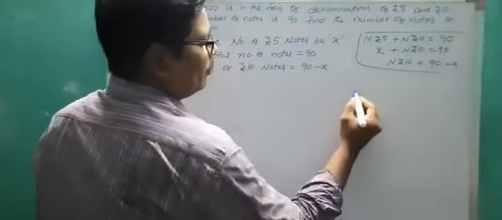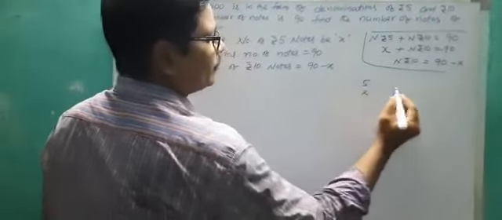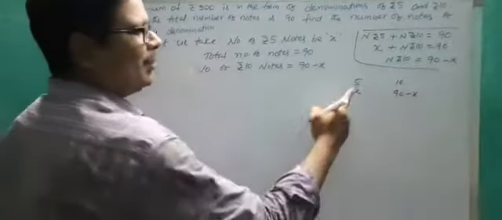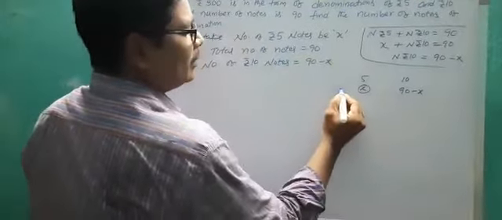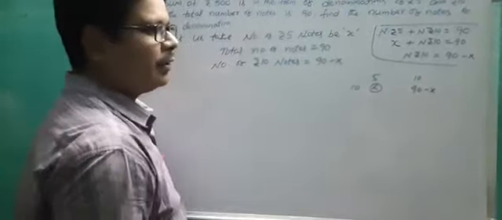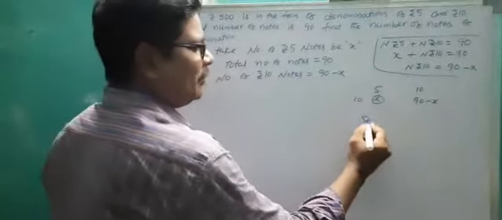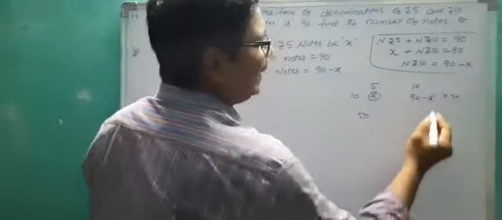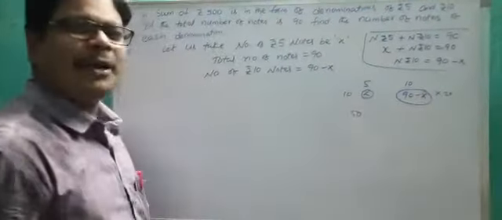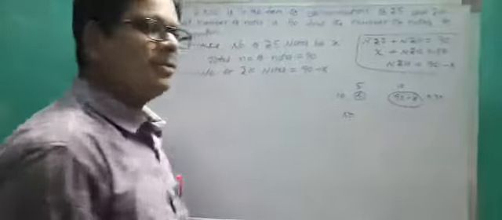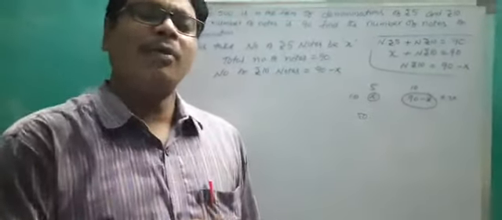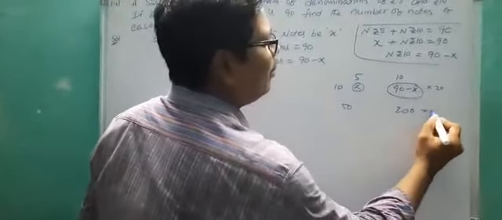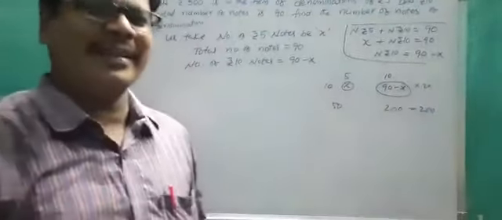So for example, 5 rupee notes x, 10 rupee notes 90 minus x. Total you have 250 rupees in your pocket, for example.